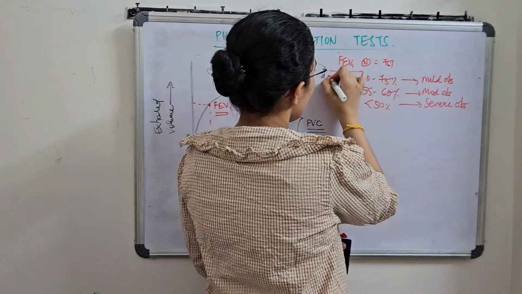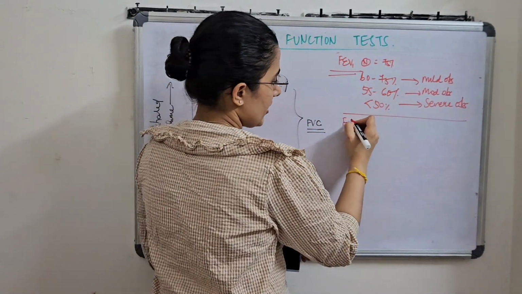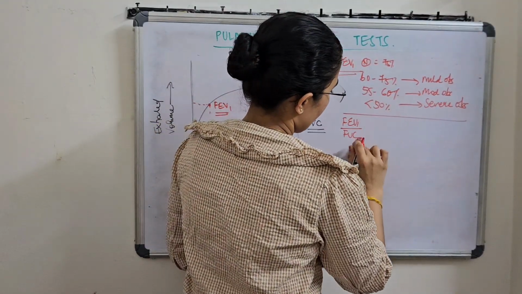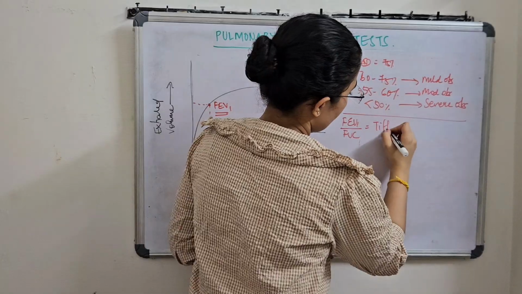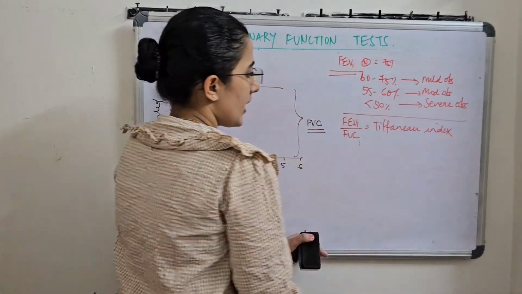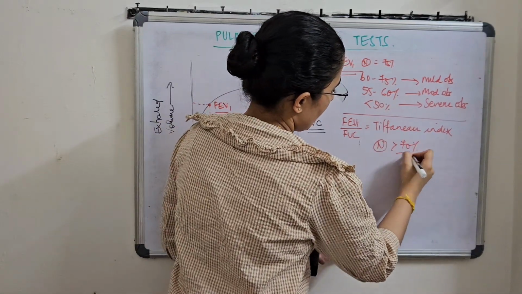Okay, so this is the FEV1. So we find a ratio, that is FEV1 by FVC. This is also called Tiffeneau's index. Okay, the ratio should normally be more than 70%, right?